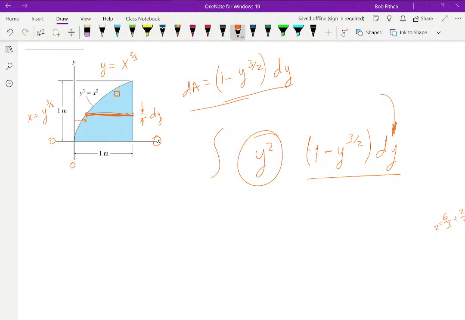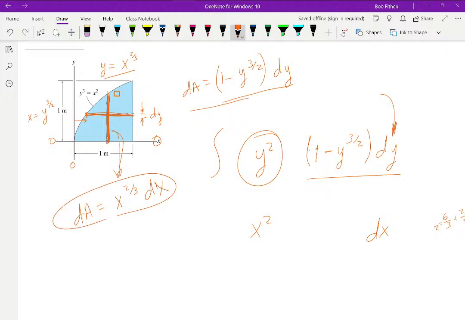So if you want to do the x squared, you have to run your vertical bars this way from here to here, and that would be dx, and the d area of that vertical bar would be the height, x to the 2/3, times dx. So this can be put in here with x to the 2/3, and that would be the integral there.